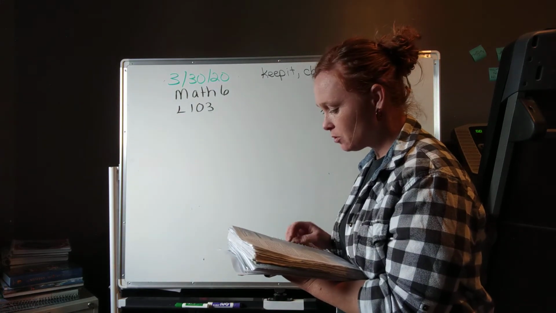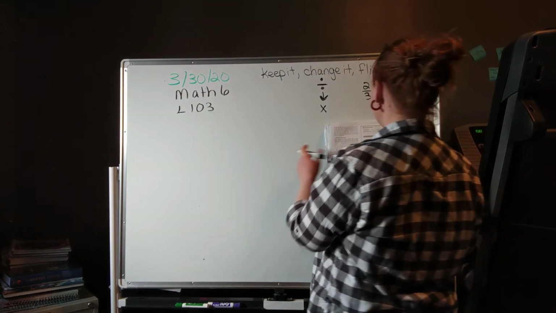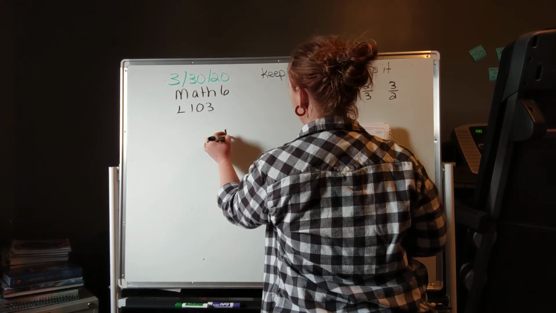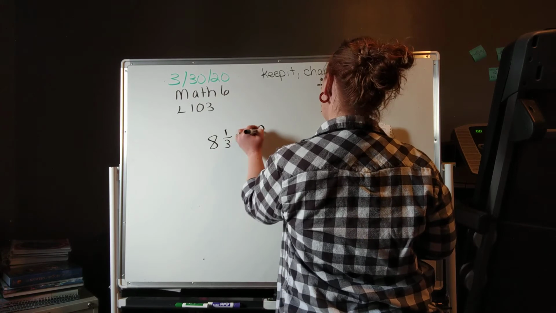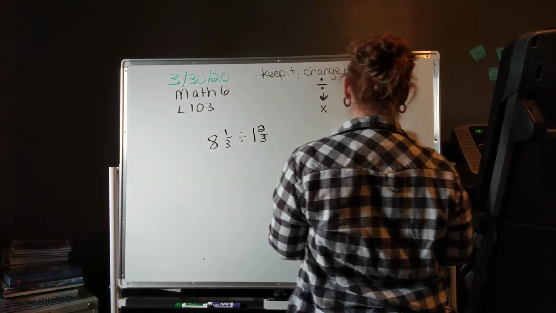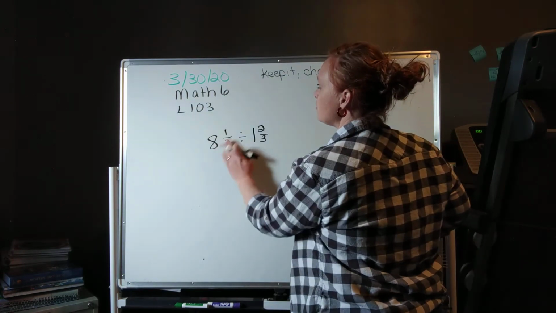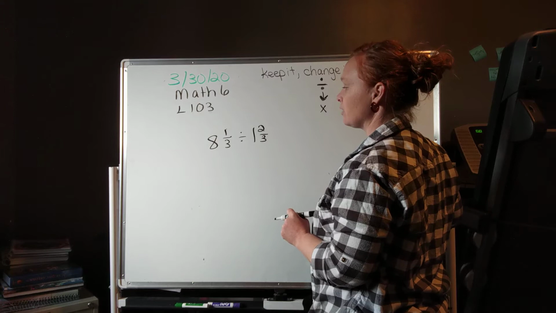How many containers were used to hold the rice? Okay, so again we have another division word problem. So we have 8 1/3 divided by 1 2/3. Okay, so again we want to change these mixed numbers into improper fractions.